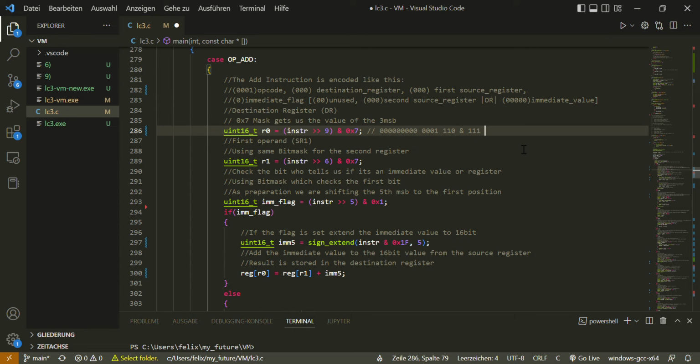The bit at the least significant position gives us 1, the bit at the second least significant position gives us a 2, and the bit at the third least significant position gives us a 4. So 4 plus 2 plus 1 results in 7. So 0x7 in hexadecimal gives us these 3 bits.